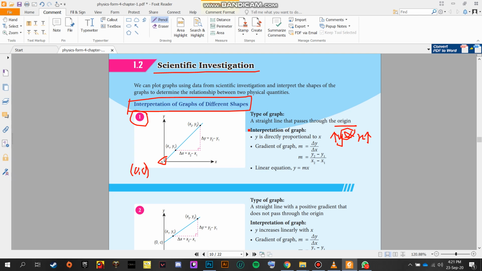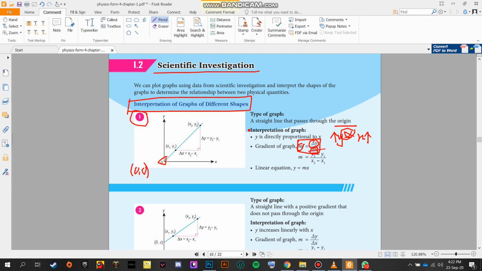Now we can check the gradient, or in Bahasa Melayu, the cerun of the graph, by using this formula. The change in y over the change in x is equal to the gradient, and the change in y is y2 minus y1 over x2 minus x1.